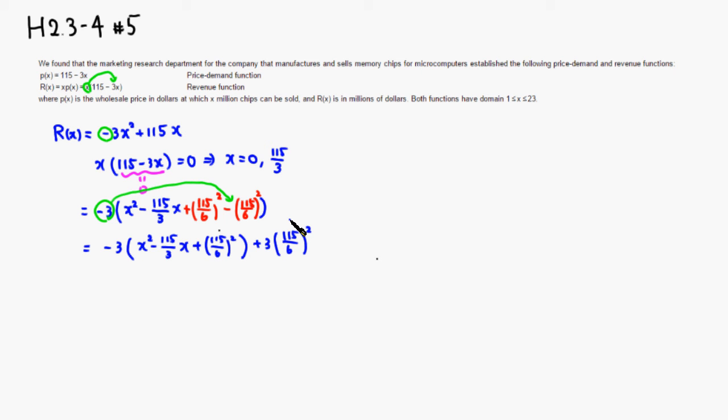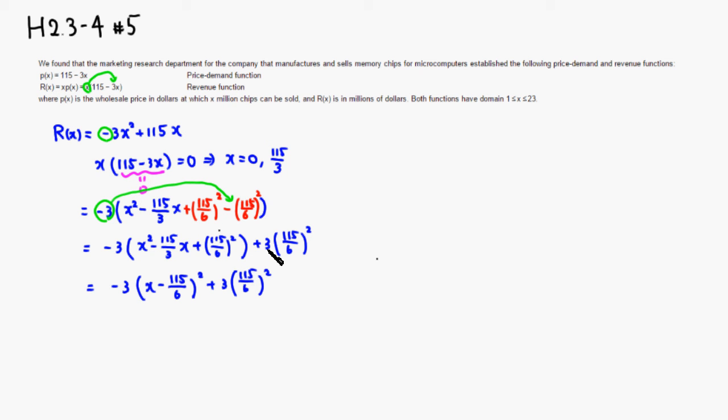Then the last step: negative 3 times x minus 115 over 6, squared, plus 3 times 115 over 6 squared.